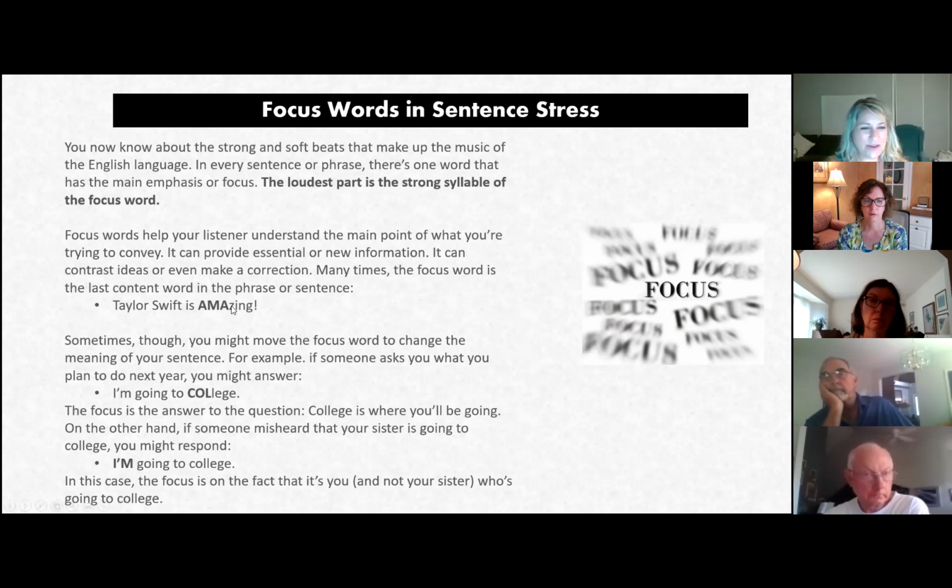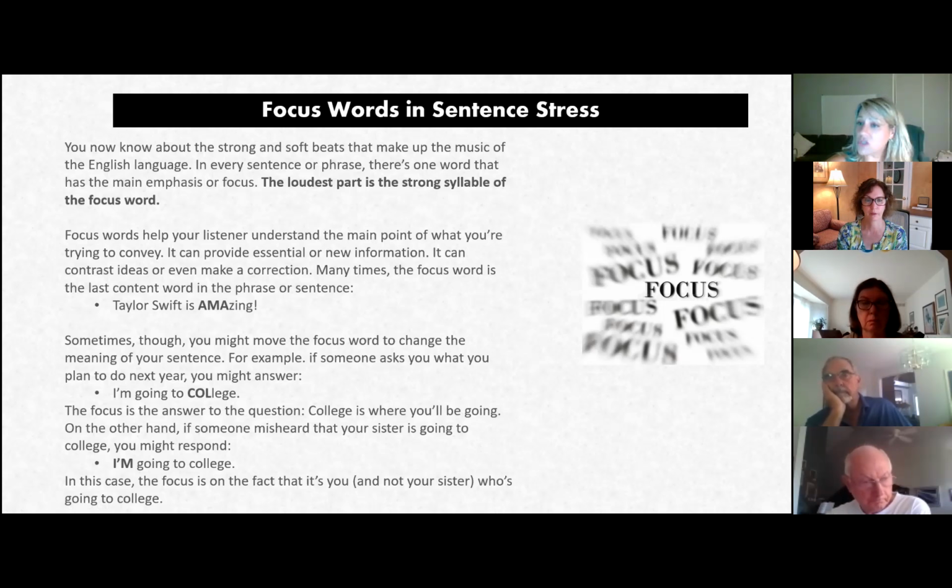So I don't know where the sentence goes. Taylor Swift is amazing. Okay, so I'm telling you what this person thinks of Taylor Swift. Okay, I'm going to college. So notice that I'm focusing on that stress to tell you what's really, really important in the sentence. So the focus words then get the most stress.